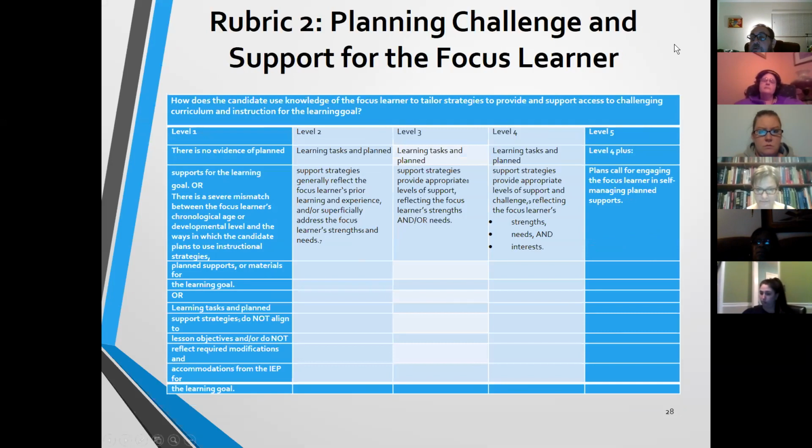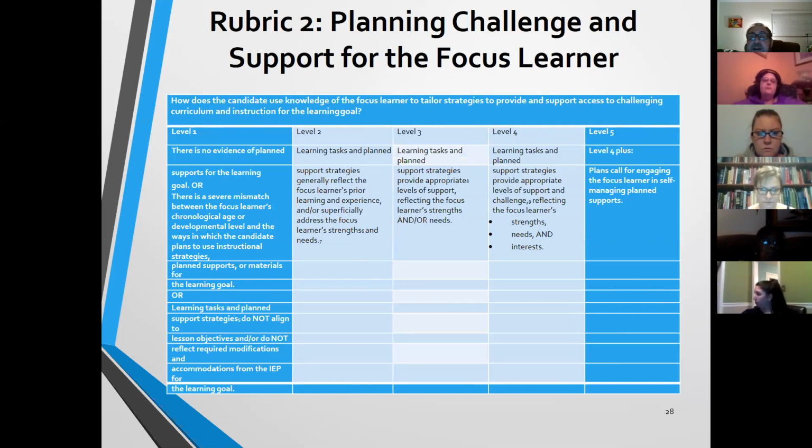Let's take a look at rubric 2. Planning challenge and support for the focused learner. Remember, in edTPA for special education, you are going to be seeing one focused learner.